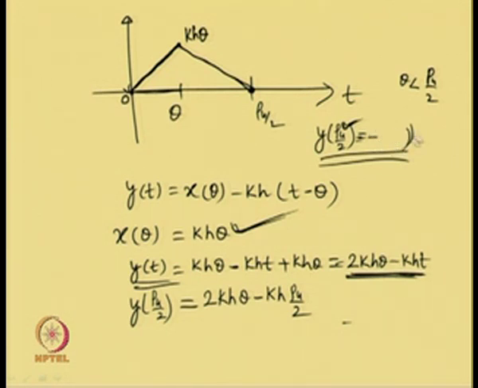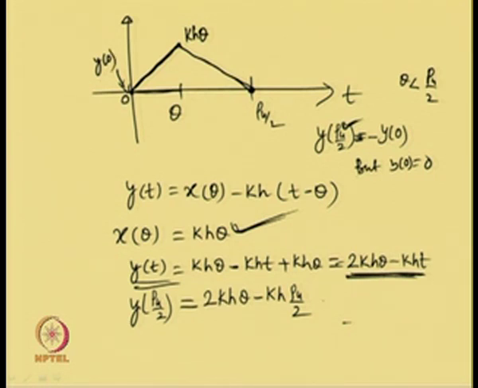So y(Pu/2) has to be equal to minus y(0), but y(0) is equal to 0, as you have already described how we get y(0) equal to 0.